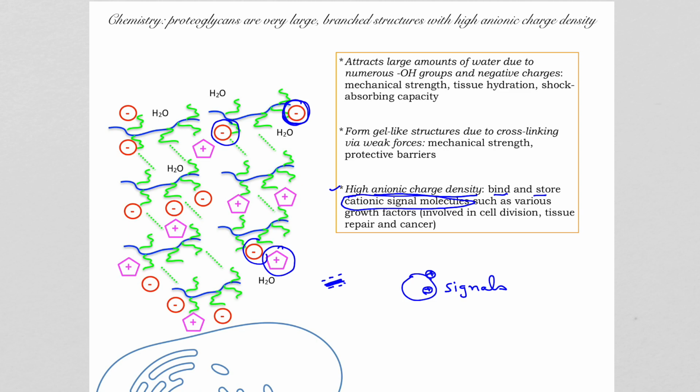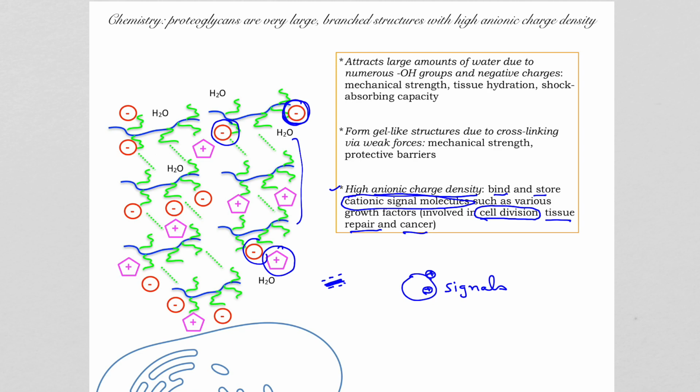And these signals play a very important role in cell division, which is very important for tissue repair as well as for cancer. So a lot of cell signaling happens because of these proteoglycans.